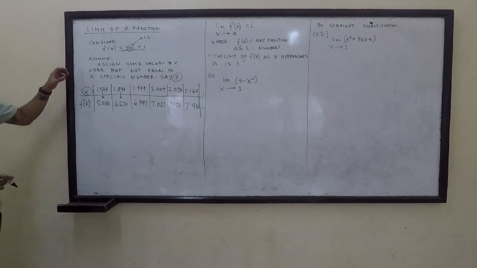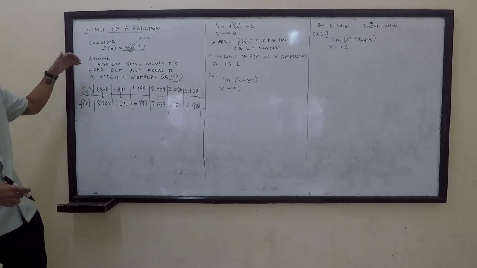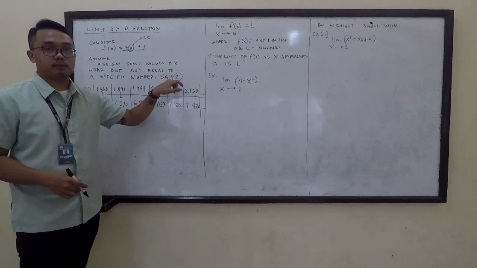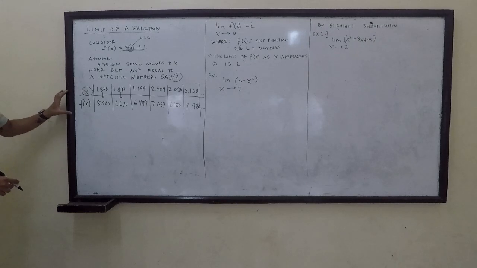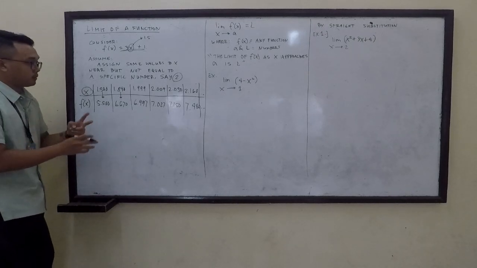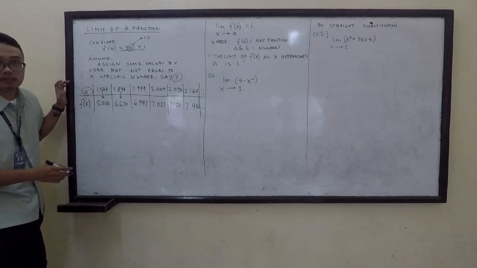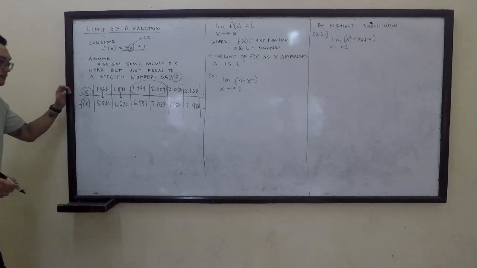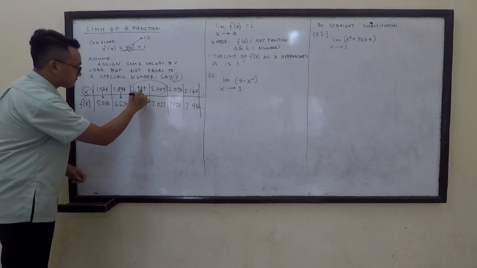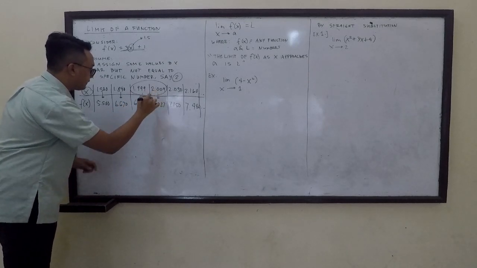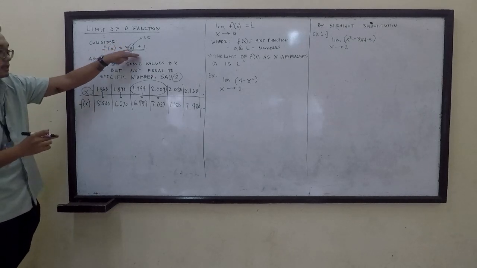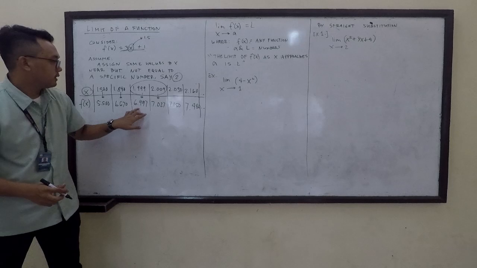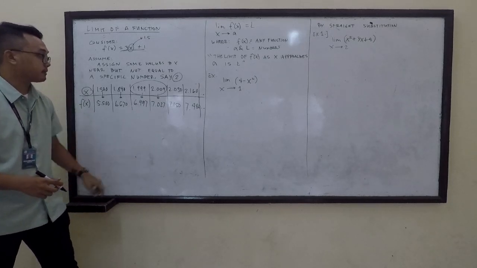Okay, so back to the table. We're going to set a value of x near but not really equal to 2. As you may notice, the values of x that are very near to 2 are these values. Then their corresponding values of f of x, which is this one, are also near to number 7.